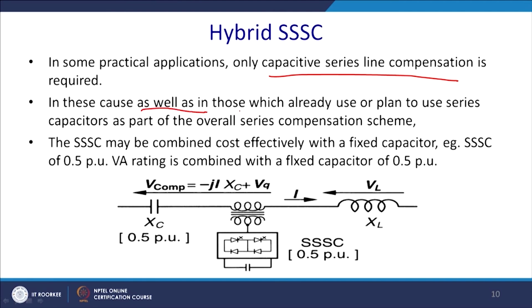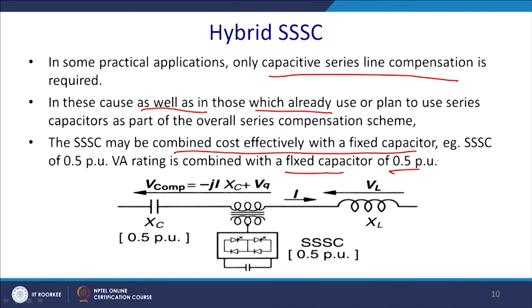In these cases, as well as in those which already use or plan to use a series capacitor as part of the overall series compensation scheme, this will be followed. So, SSC may be combined with a cost effective fixed capacitor, that means SSC will have a rating of 0.5 pu and is combined with a fixed capacitor of 0.5 pu.